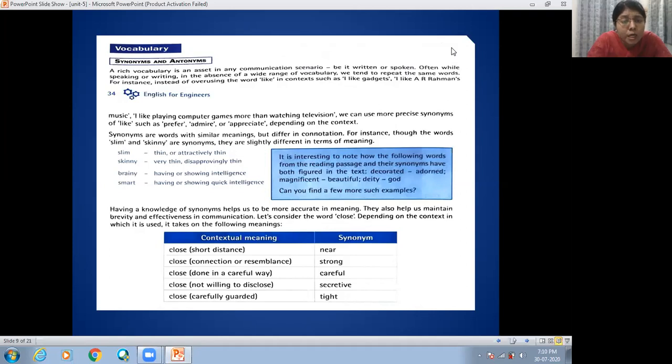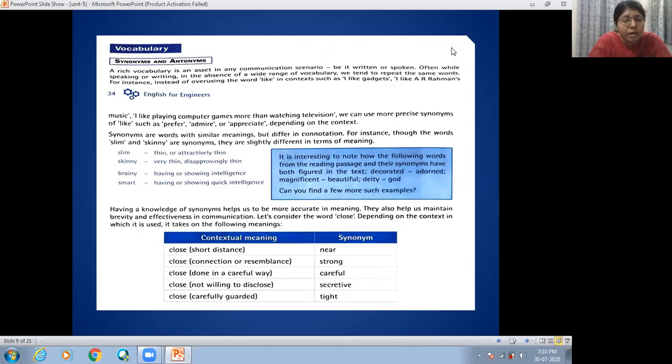Let's consider the word close. Depending on the context in which it is used, it takes on the following meanings. Now here, look at the contextual meaning and the synonym. So close, look at this word. This one single word is used. Close. Here it means short distance, or the other synonym is near. Next we have close or connection or resemblance.